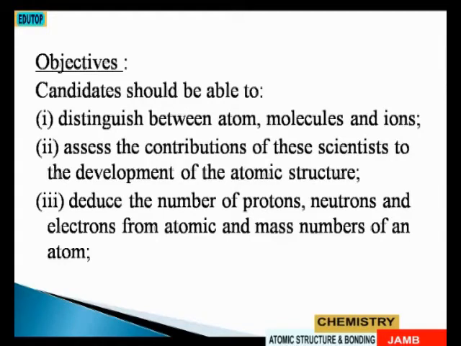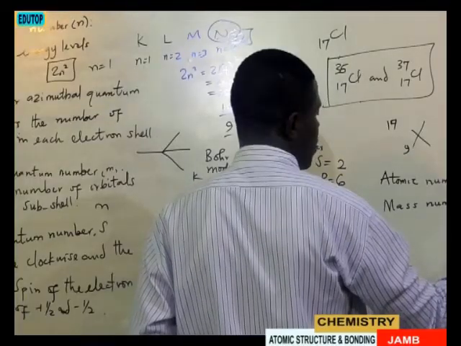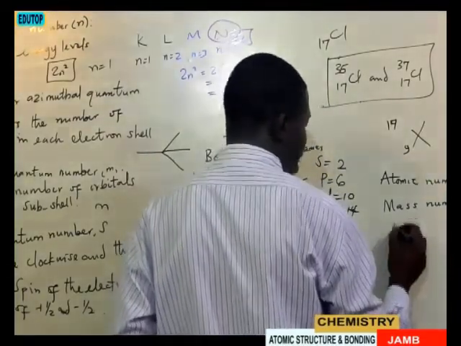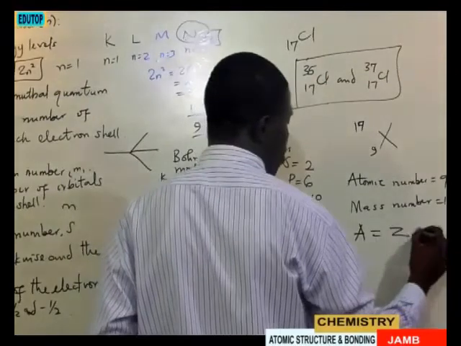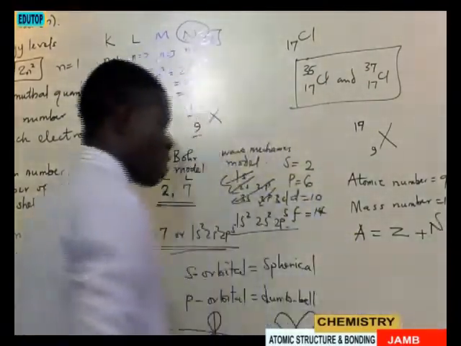Yes, you can also deduce that if you are given, let's say, 19 9 F, then atomic number here is what? Atomic number is 9. What about mass number? Mass number is 19. Then we know that mass number is equal to atomic number plus number of neutrons. Take note of that.